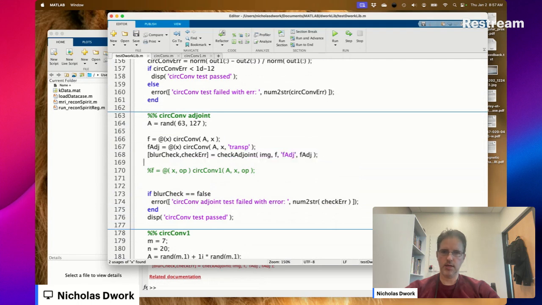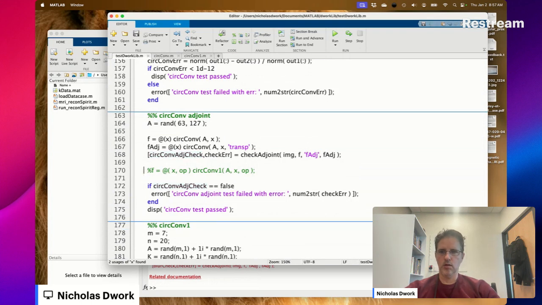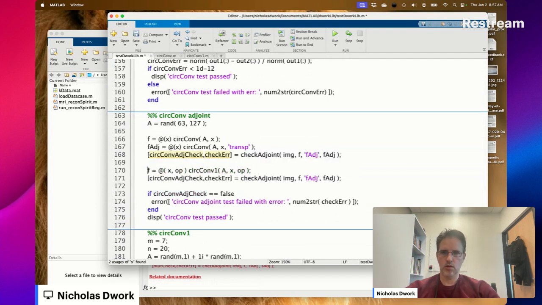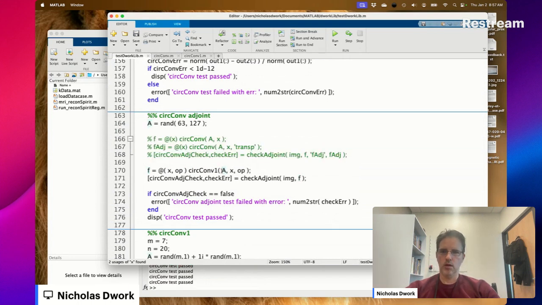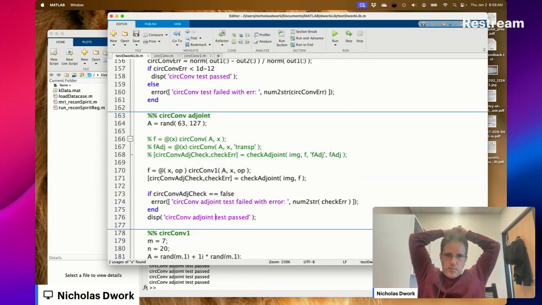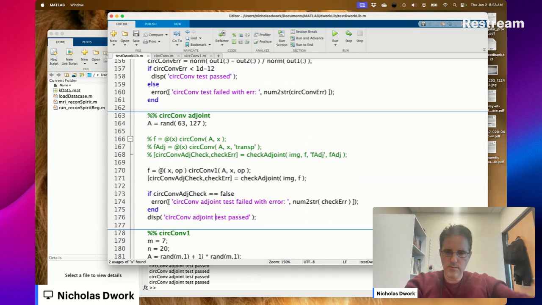Oh, blur check. Right, whatever. Oh, because it's circ conv 1.